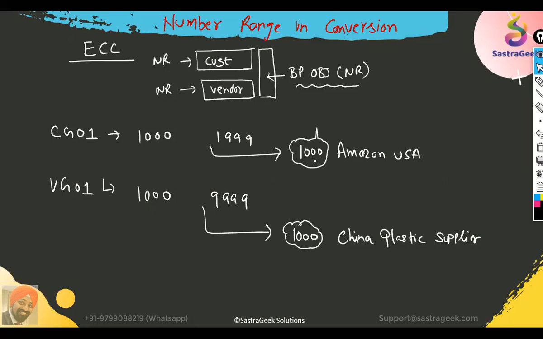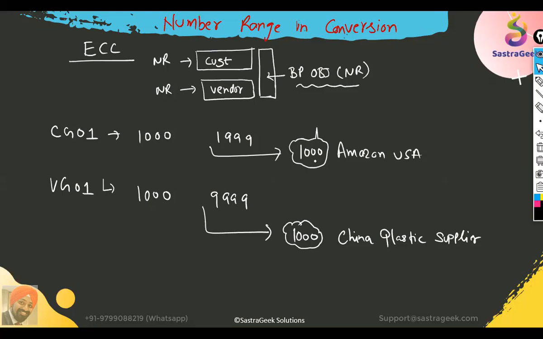If the number ranges are not overlapping, very good, you would be able to achieve the same customer and same vendor as a business partner in your conversion, and also in ECC itself. But in this kind of condition, it is not possible to have a single business partner object 1000 which will have the same.